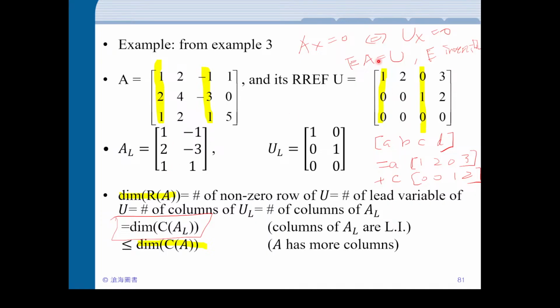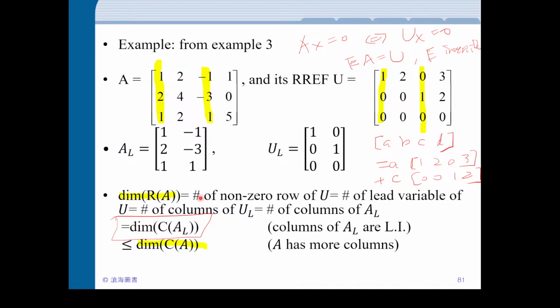So you get the REF, and you look at those two lead variables, and then those two corresponding columns will be the basis of your column space of A. Okay. So this is the extra thing we get from this hard calculation. We see that if you want the basis for your column space, then you just take the vectors inside your AL.